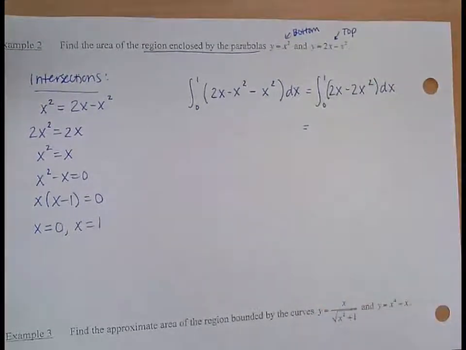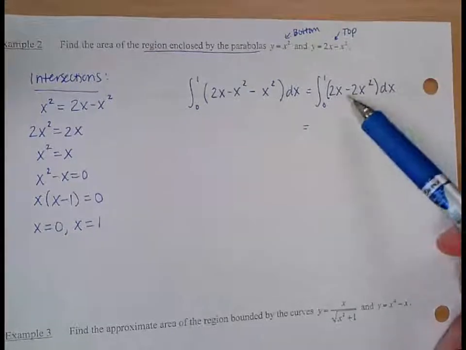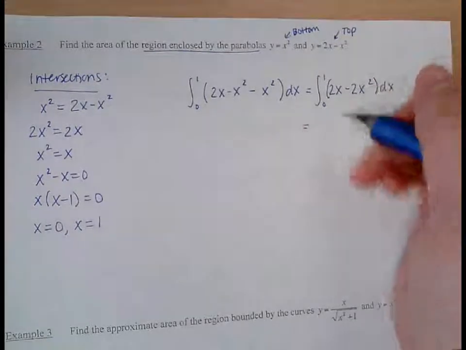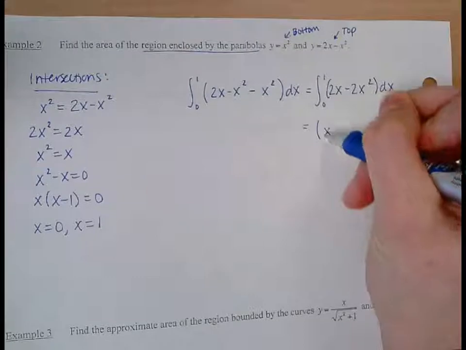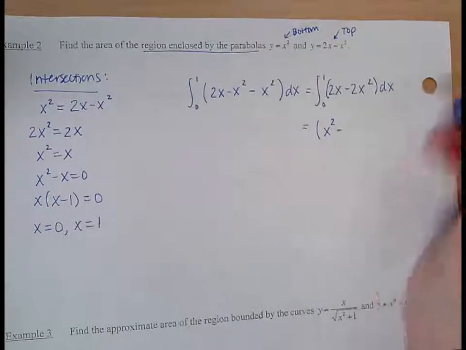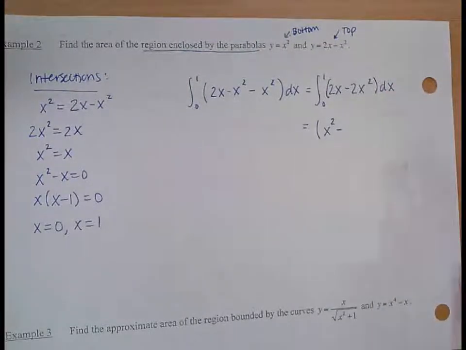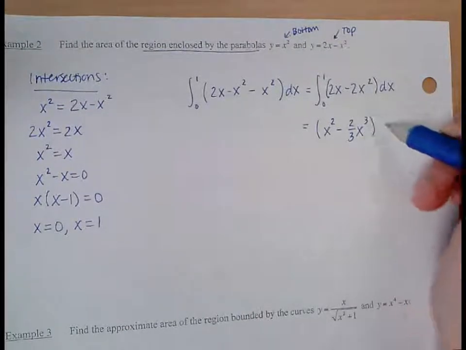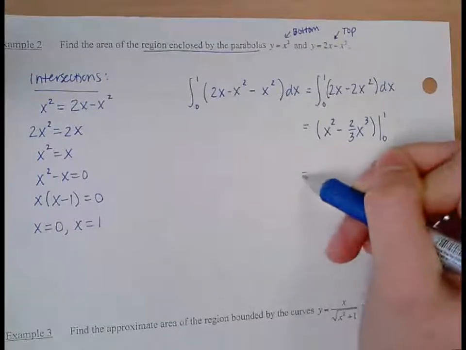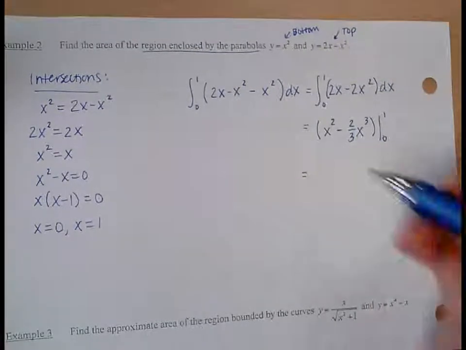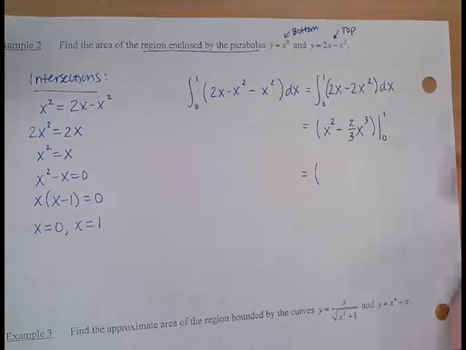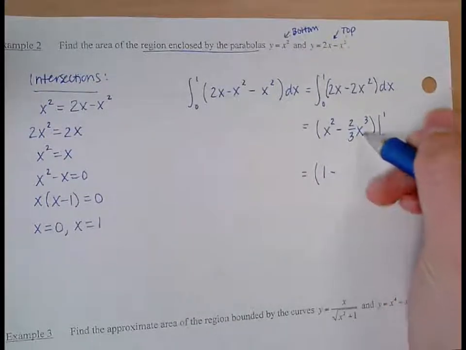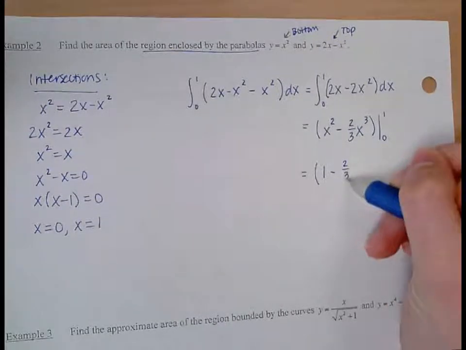And then, again, treating this as if we didn't have a calculator, we just find the antiderivative. So antiderivative of 2x is x squared. Antiderivative of 2x squared is 2/3 x cubed, evaluated from 0 to 1. If I substitute in 1, I have 1 squared, which is 1, minus 2/3 times 1 cubed, which is 2/3.